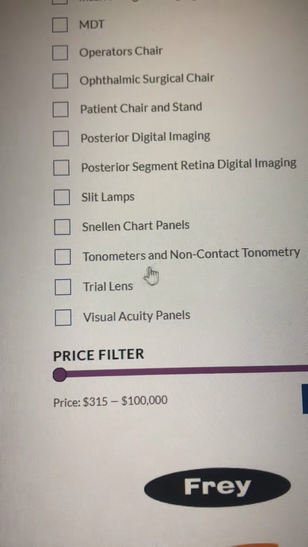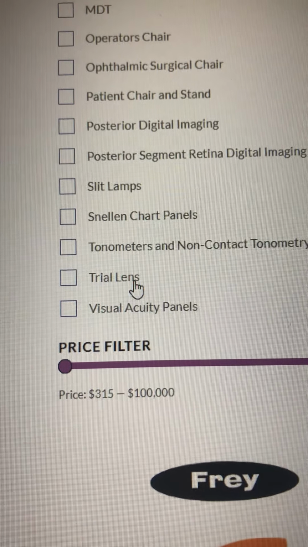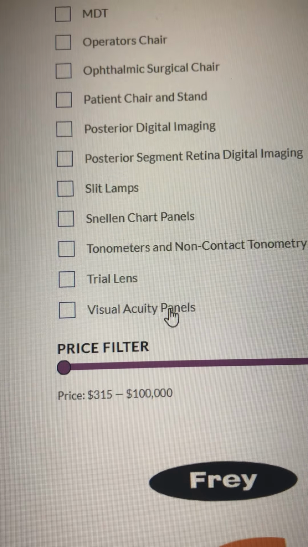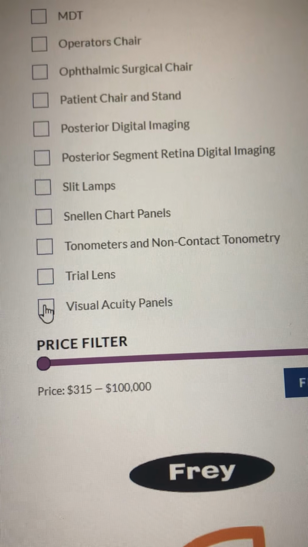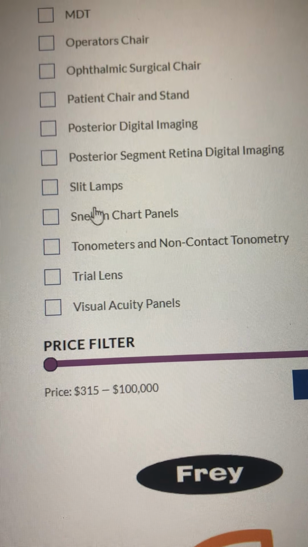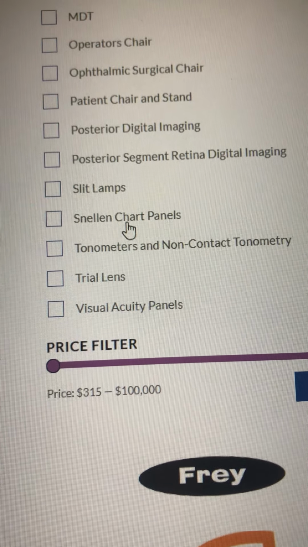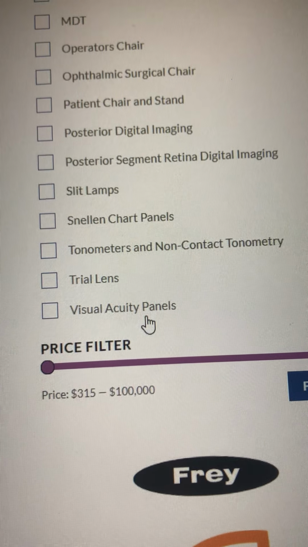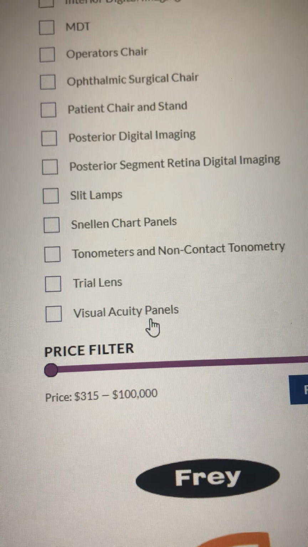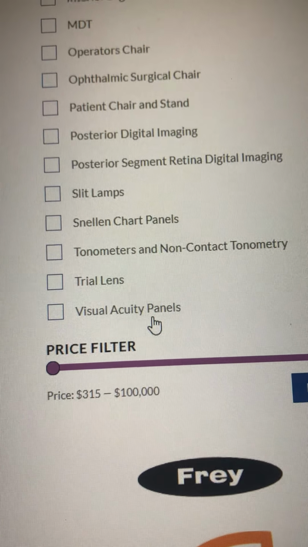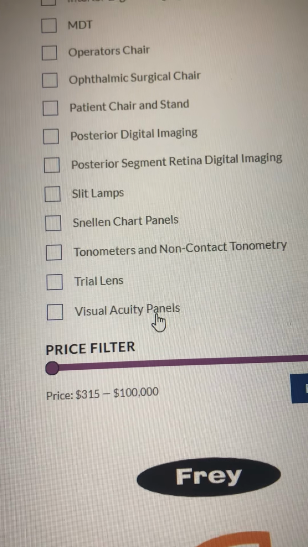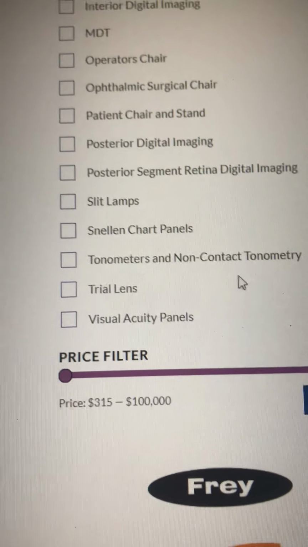It's just tonometry. Trial lenses, got that. Visual acuity panels. I don't know why we would divide up Snellen chart panels and visual acuity panels into two different categories. They're all visual acuity panels. Some are digital, some are not, so we should combine them.